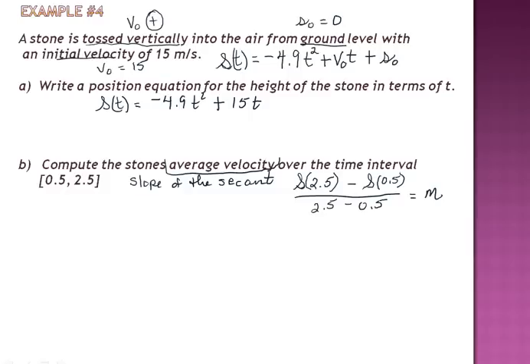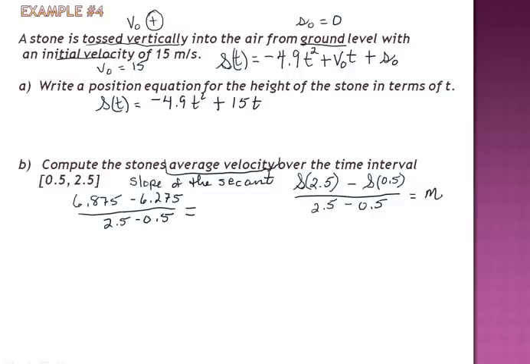So as we plug those values into our equation to get the values of S of 2.5, we find that that's 6.875 minus 6.275 over 2.5 minus 0.5.